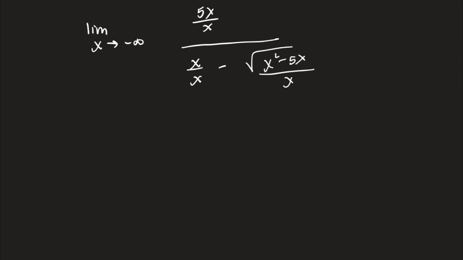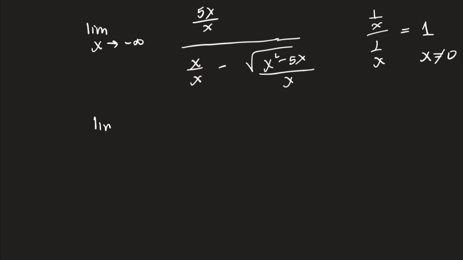And I can do that because when I divide by x top and bottom, it's equivalent to multiplying by 1 over x over 1 over x. And that expression is equal to 1, except when x is equal to 0. And we don't have to worry about that because we're decreasing without bound. That's not near 0. So dividing by x top and bottom is equivalent to multiplying by 1 over x over 1 over x, and it's okay to write it in this form.